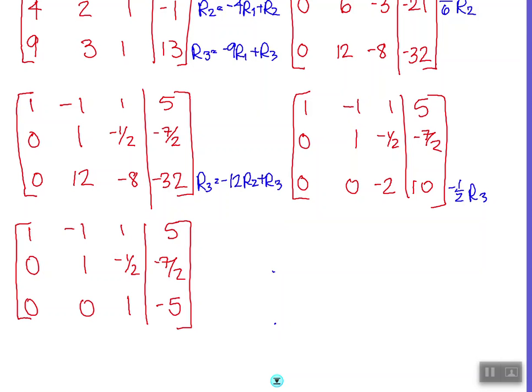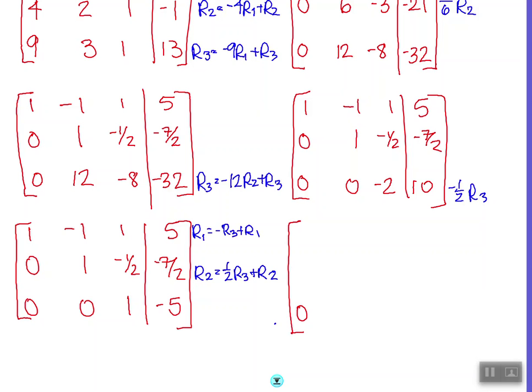Next, I need the rest of the third column to be zeros. So the second row is going to be 1/2 times the third row plus the second row, and the first row is going to be negative 1 times the third row plus the first row.